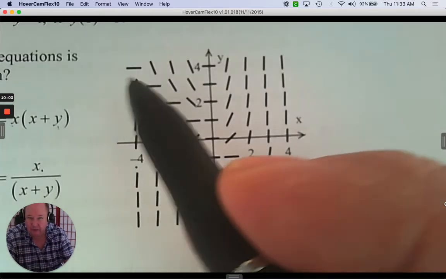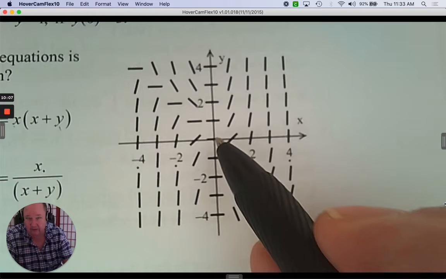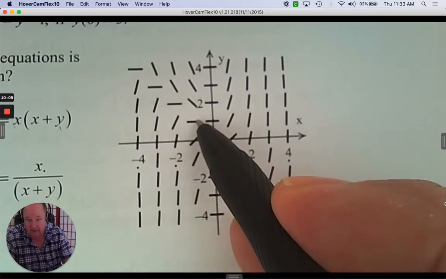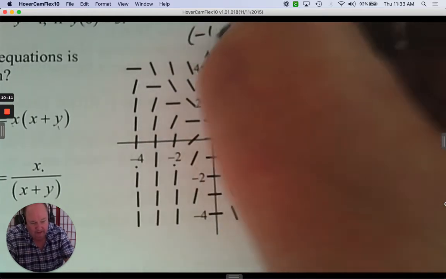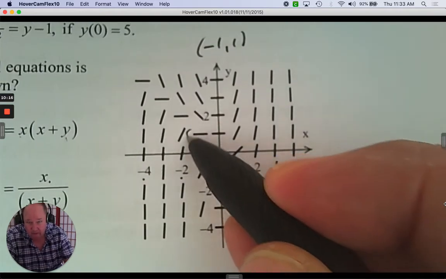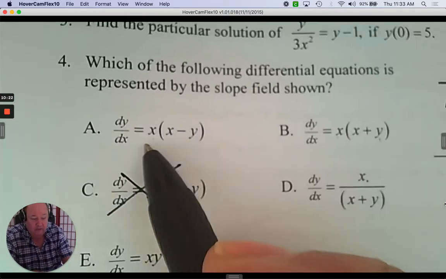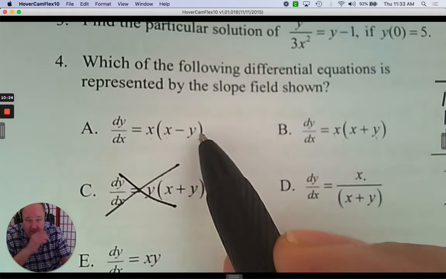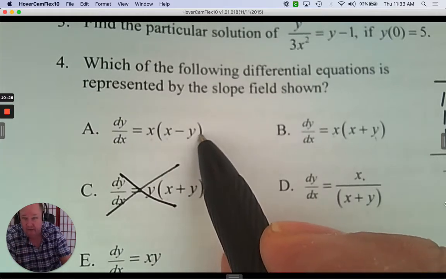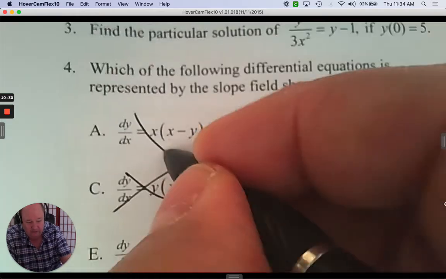All right, let's look at another one. Where else do we have horizontal tangents? So let's plug in another number. Let's plug in -1 and +1. That's this slope right here, and the answer better be 0. And if it's not, I cross it out. So does -1 and +1 give you the answer 0? -1 subtract +1, that's not going to be 0.